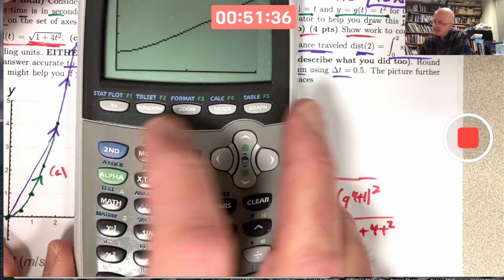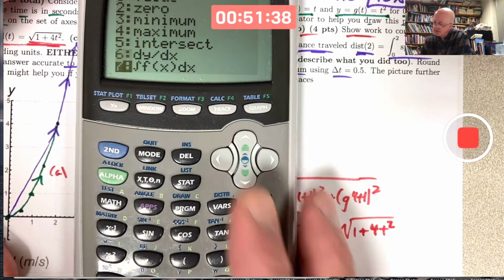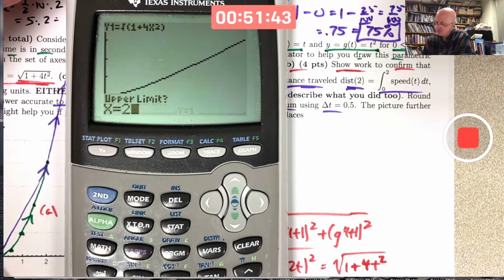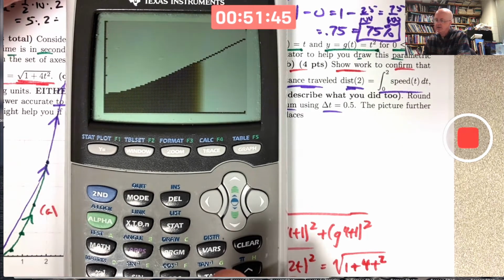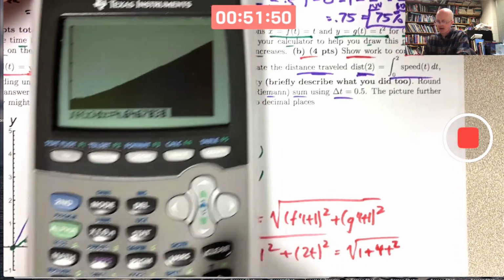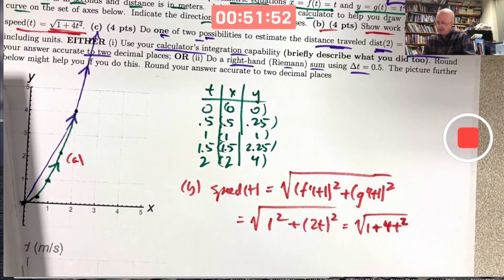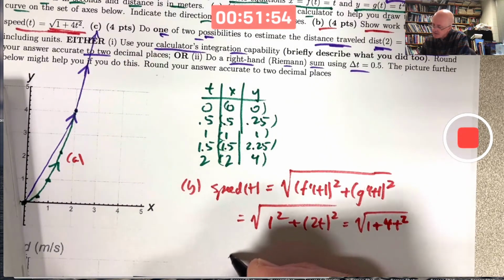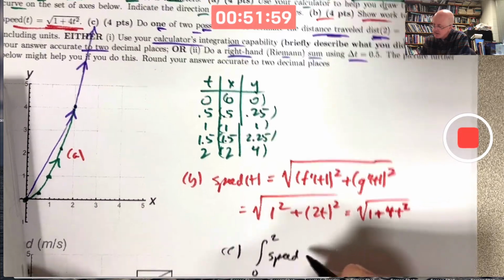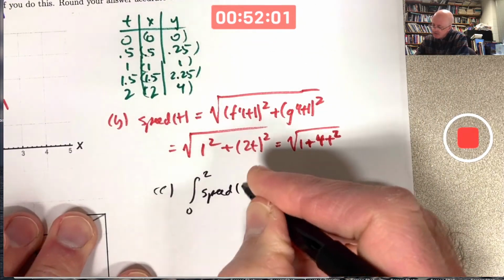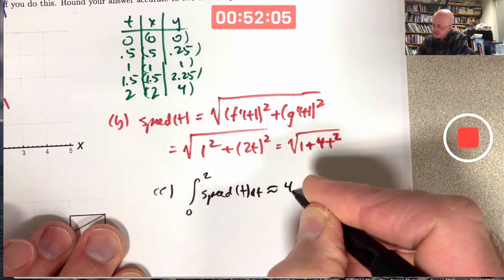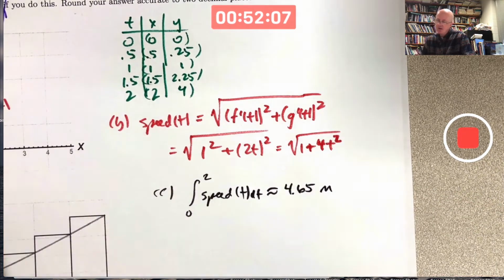And use the calculator's integration capability. I can just do this. x goes from 0 up to 2, which really means t goes from 0 to 2. Get the area out into the graph. As the distance traveled, it's going to be approximately 4.65 meters, right? Units of distance are in meters. So the integral from 0 to 2 of the speed from the calculator turns out to be about 4.65 meters.